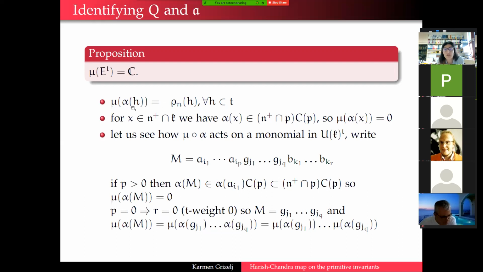First, we prove that we get minus rho if we look at the image of mu compose alpha on elements of the Cartan subalgebra.